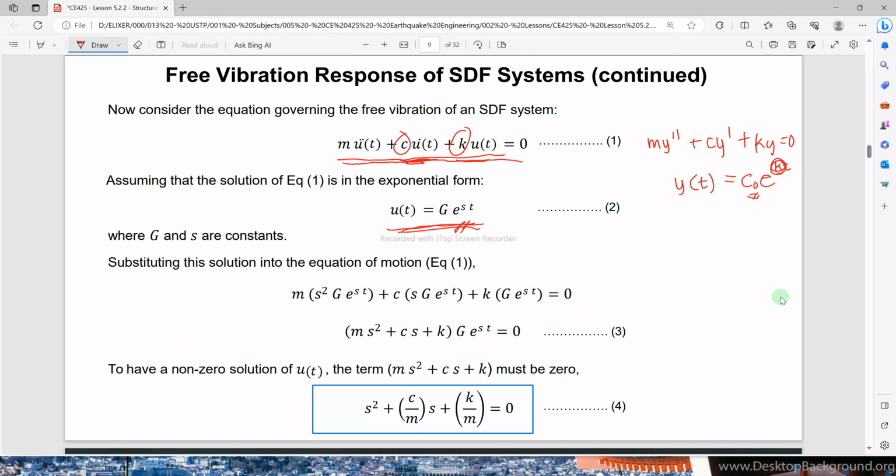This is a constant in this equation but it doesn't necessarily reflect the lateral stiffness coefficient k. So we have u of t is equal to g e to the st, where g and s are constants. Our t here is time.